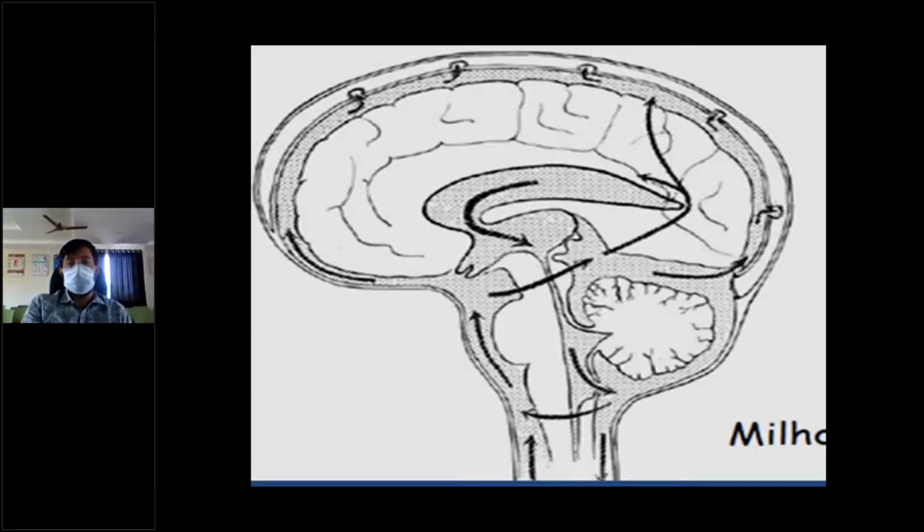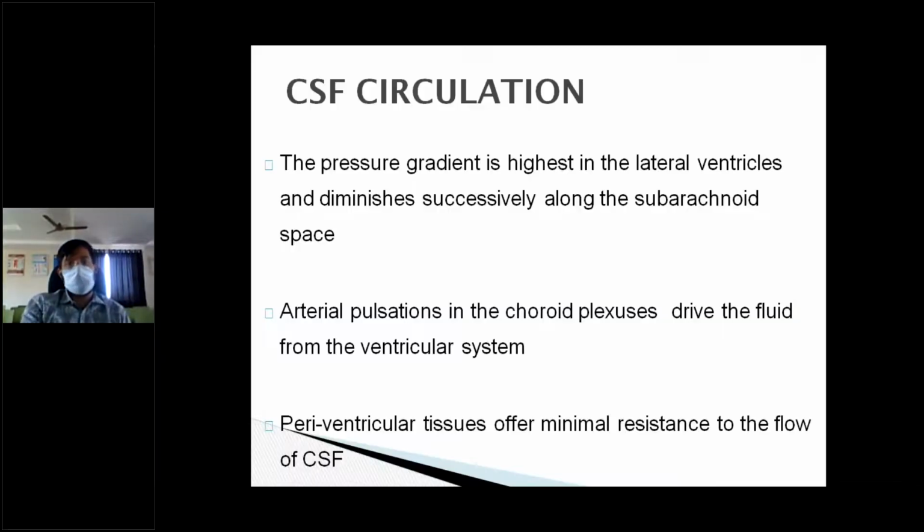So this is the picture representation of the flow of CSF from the third to the fourth ventricle, to the basal system and to the cerebral hemispheres. In the circulation of CSF, the pressure gradient is highest in the lateral ventricle and diminishes successively along the subarachnoid spaces.